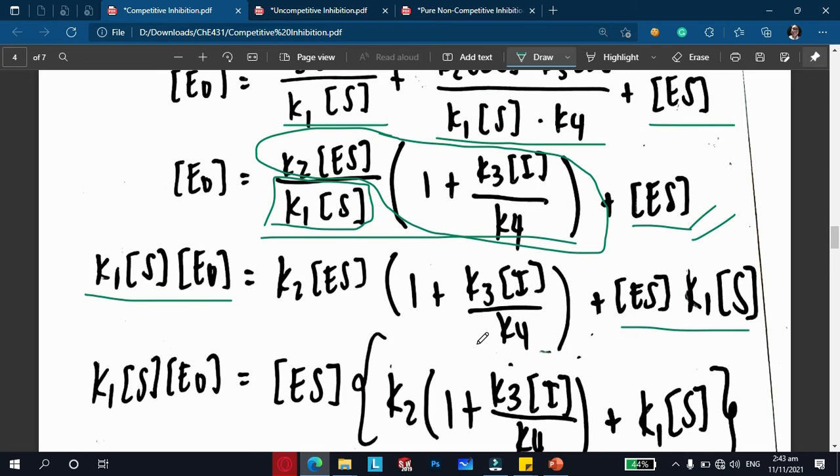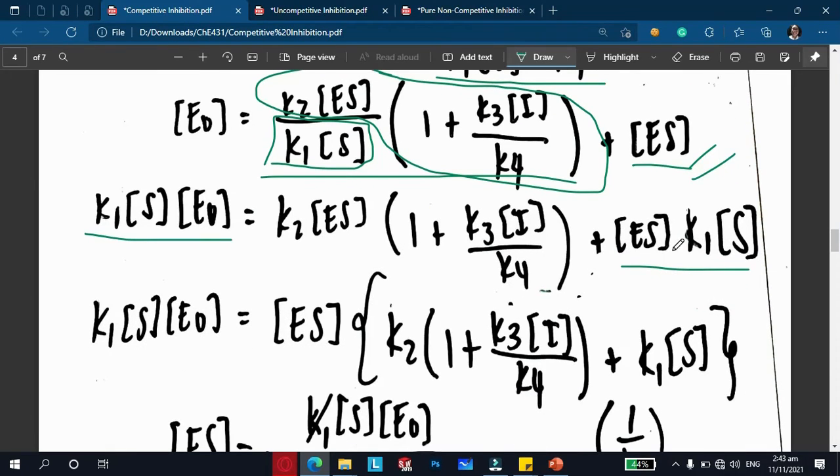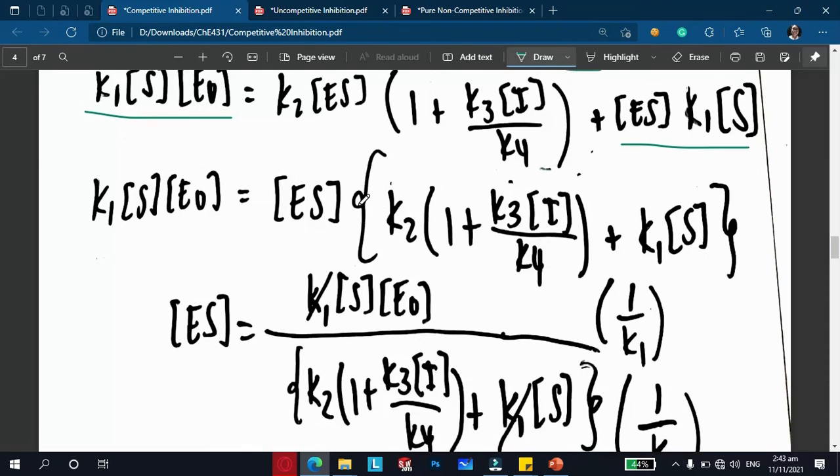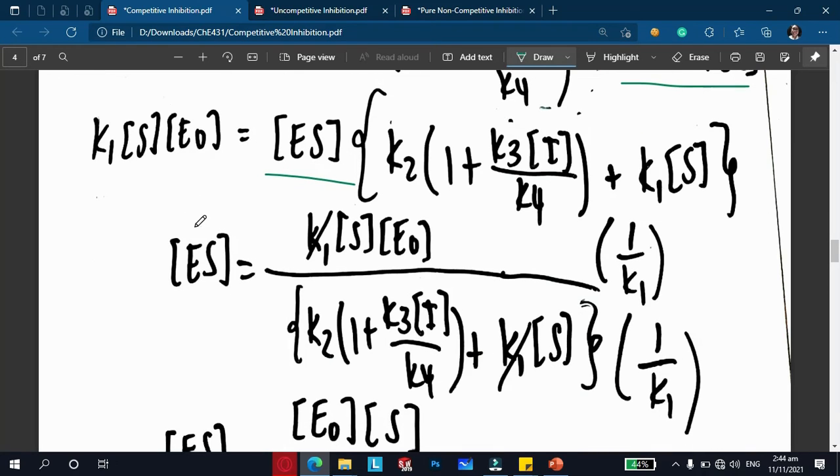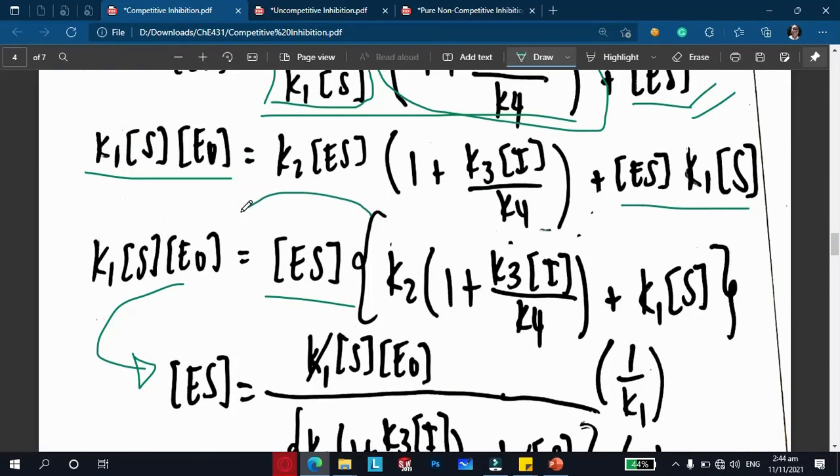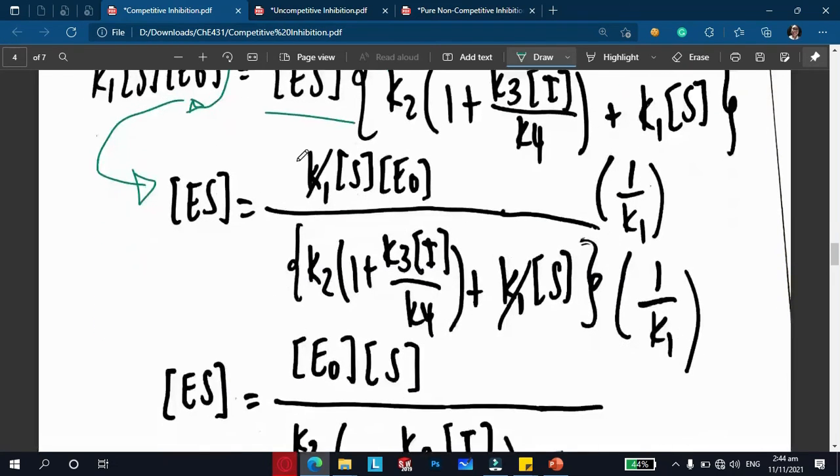So now we can already take out the ES term in this whole expression on the right side. So ES will be out, and this is the whole expression that we need to divide to the other side so that the enzyme substrate concentration would be isolated. So we can see that here in the next. This will be down in the denominator, and then we're left with this.